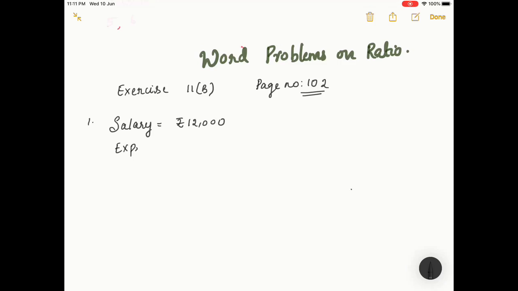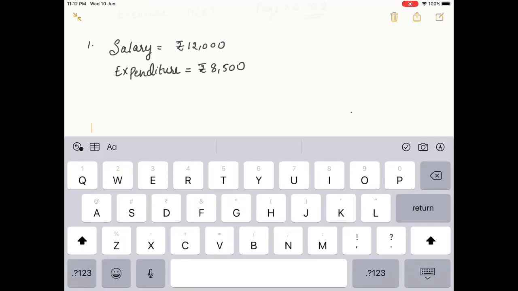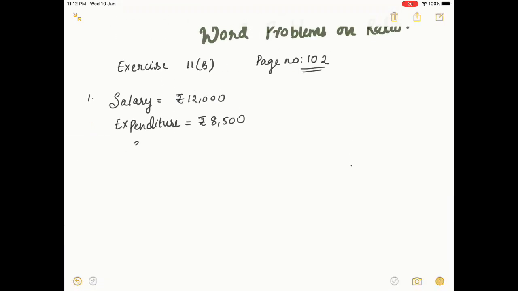So, what is the expenditure given in the question? Go through the question. Expenditure is equal to rupees 8,500. And you need to find the ratio. If salary and expenditure are there, what is the next thing we can find out from this? Salary is given as 12,000, expenditure is 8,500. What is left out now?